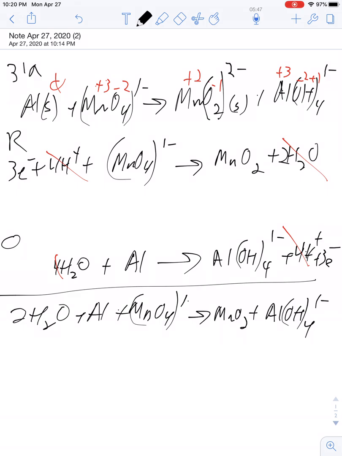Okay, so this is balanced in base because this aluminum hydroxide would rather be this plus an OH group, and the OH group would be basic.